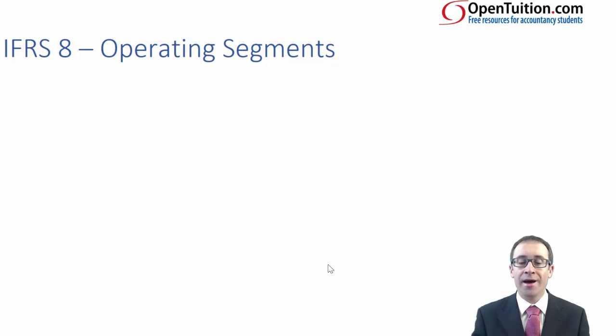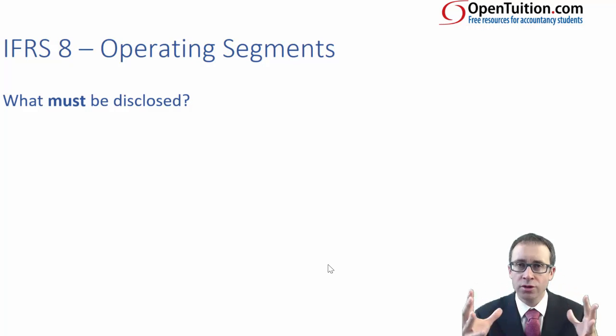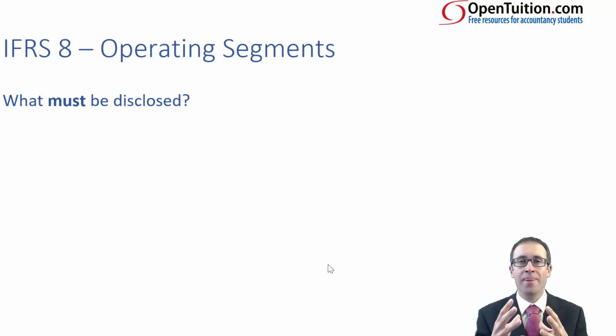Following on from that, we now need to look at what segments must be disclosed. So you have a group with hundreds of operating segments within it. Which of those segments are large enough to be disclosed? If they're large enough, they are important enough. If they're small enough, they're not so important and don't necessarily have to be disclosed.